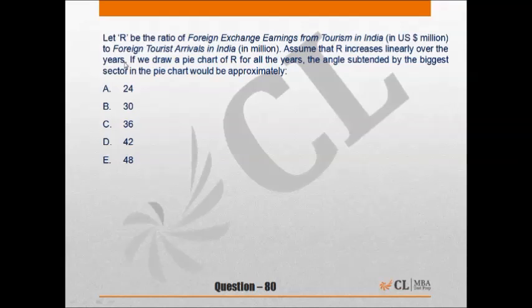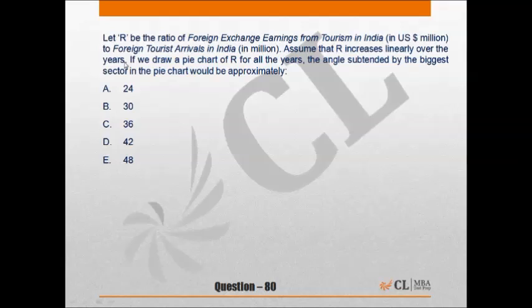Now come to the last question. In this problem, R is defined as the ratio of foreign exchange earnings from tourism in India in US $ million to foreign tourist arrivals in India. Assume that R increases linearly over the years.